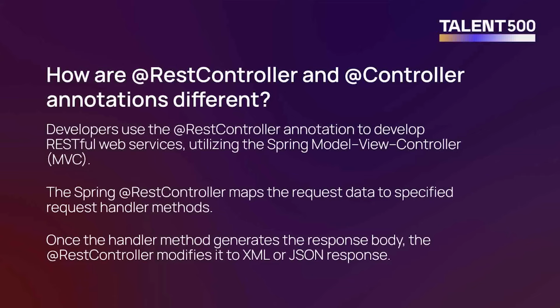Once the handler method generates the response body, the REST controller converts it to XML or JSON based on the type of response needed. So this is the work of a REST controller, whereas the controller only specifies the class as a controller, the REST controller does the mapping as well as generates the response body.